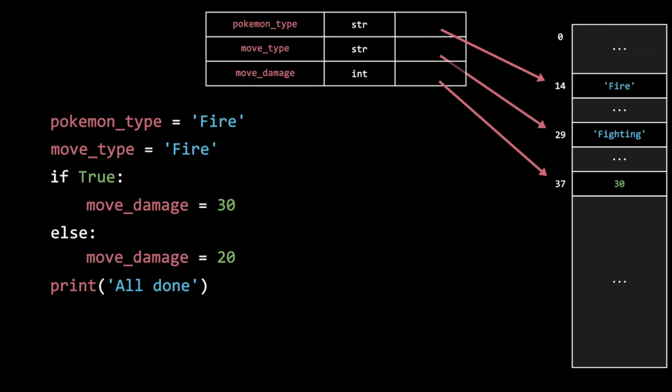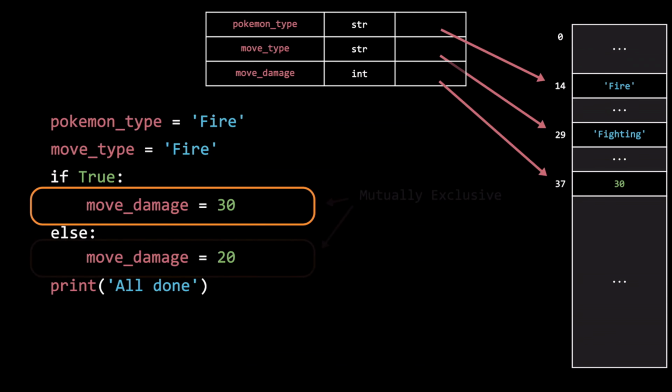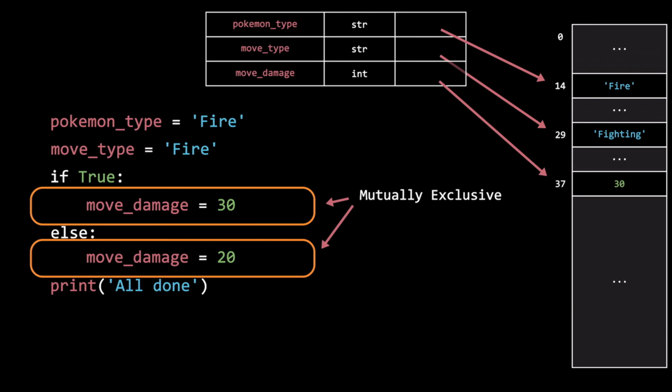Conversely, when Pokemon type and move type are both fire, the condition is true, and we set move damage to 30. We only execute one of these two statements whenever this program executes, regardless of the condition's value. So these two are considered mutually exclusive, and that's always the case with if-else statements.